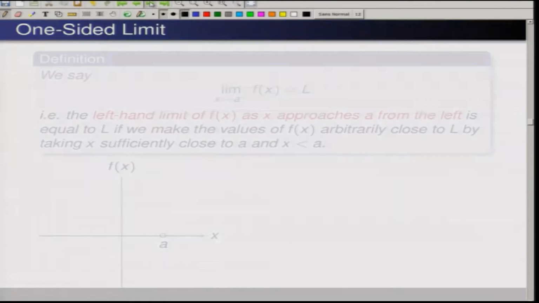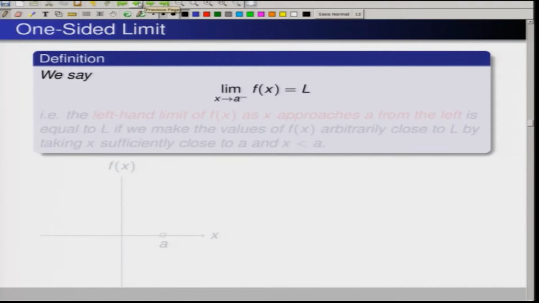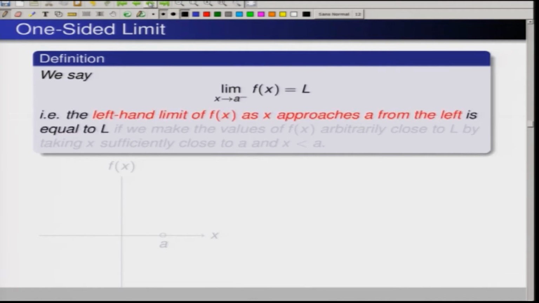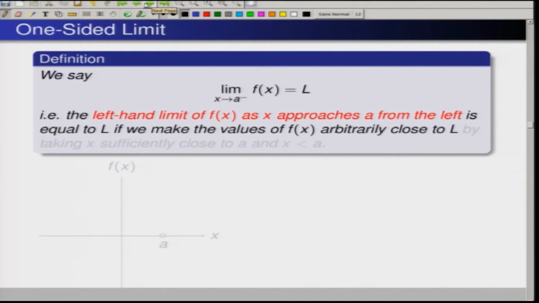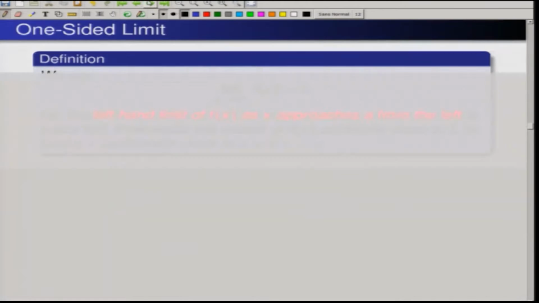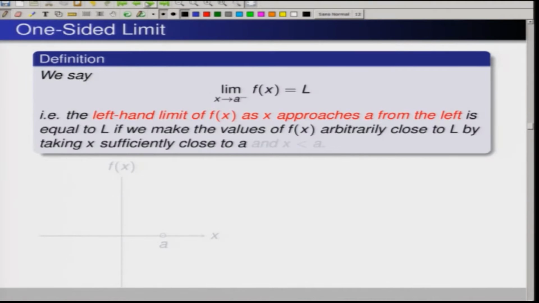So, we define limit x goes to a minus of f of x equal to L. That means the left hand limit of f of x as x approaches a from the left is equal to L, if we can make f of x arbitrarily close to L, as close as we want, when x is sufficiently close to a, and not only that, x has to be less than a. That means you are approaching from the left.